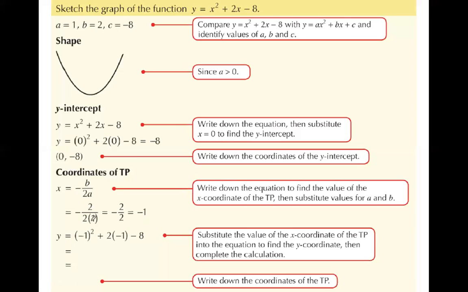A is 1, so minus 2 over 2 times 1, negative 1. Then substitute negative 1 into y, you get 1 minus 2 minus 8, which is minus 9. So when you're given a function in this form, ax squared plus bx plus c, this is the formula to use to find the turning point.